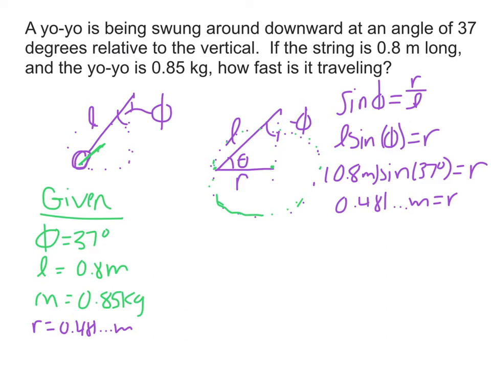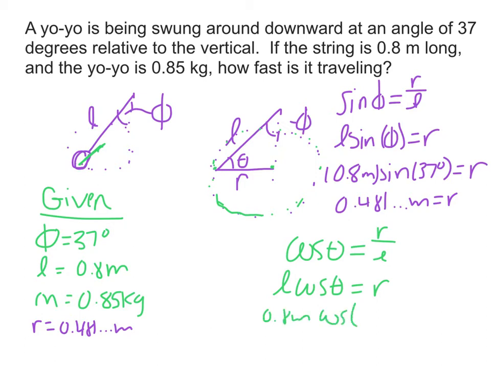So you could have done sine using the phi, or know that cosine of theta is equal to r over L. So L cosine theta would equal the radius, 0.8 meters. Cosine, remember theta is 90 minus phi, so this would be cosine of 53 degrees equals r, and you're going to get the same exact number, 0.481 keeps on going meters for your radius.